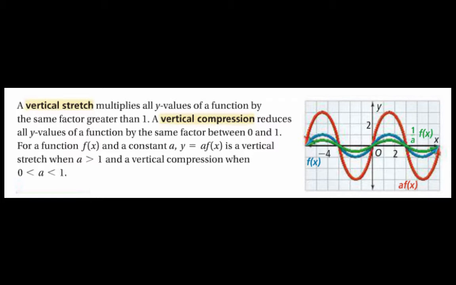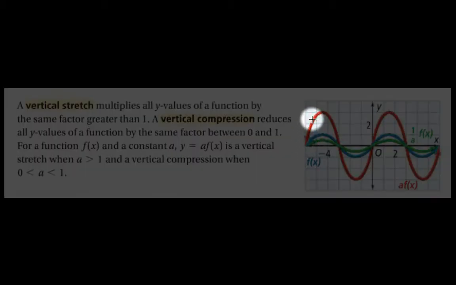And here we have, on our graph, the blue curve is our parent function f(x). If I take some quantity a, greater than 1, and I multiply it by f(x), you can see what it does to the graph. All three of these graphs share some points, but for different x values, we get a much taller graph, if you will, stretched out.